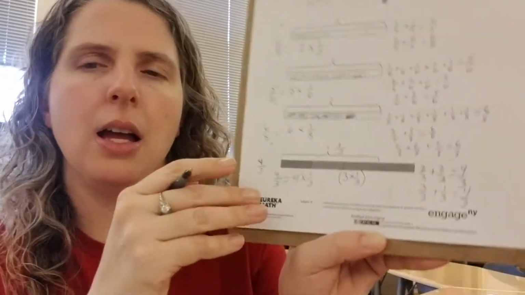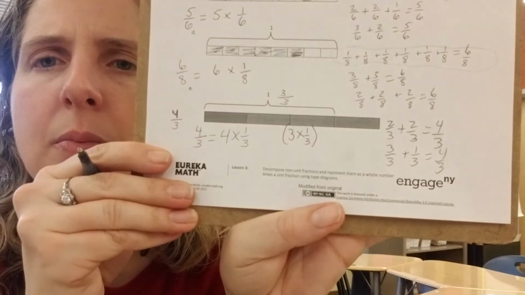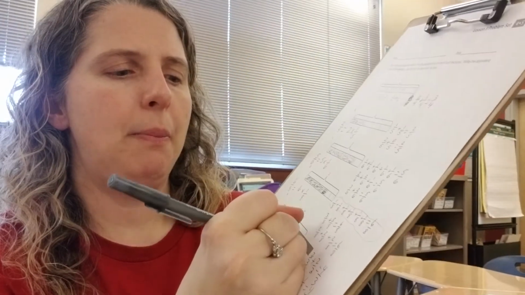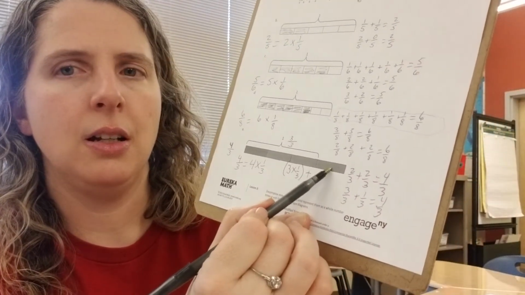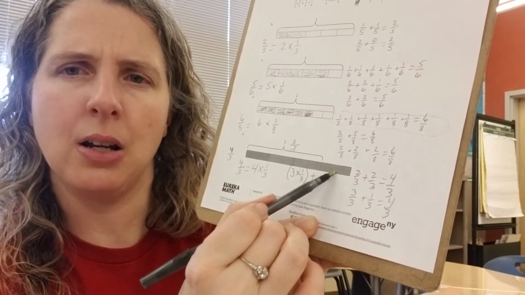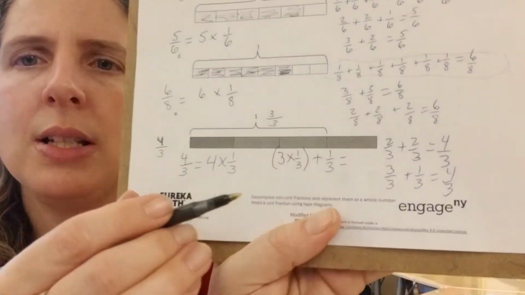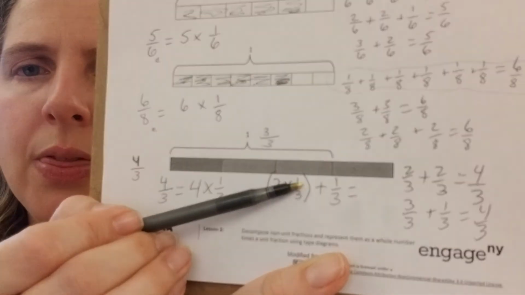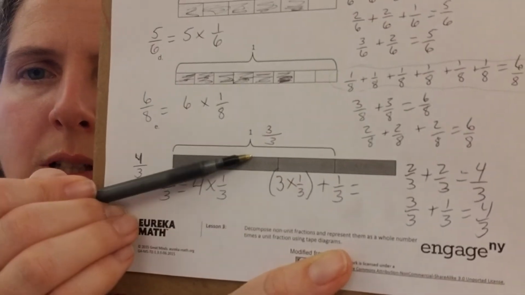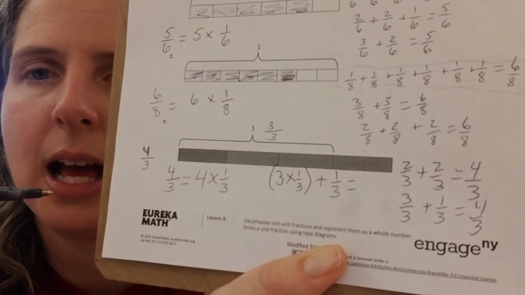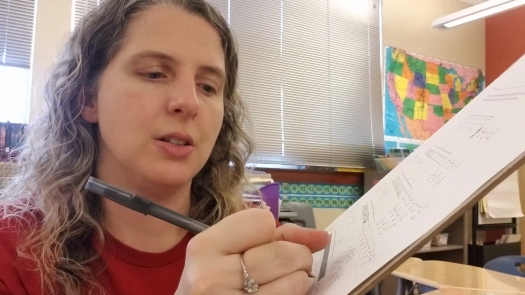I'm going to put that in parentheses because that says do this first, do that all together. Plus, what do I have left here? What's left over from my other candy bar? 1/3. And what does that equal? If I have 3 times 1/3, 1/3 plus 1/3 plus 1/3, and then I add my other 1/3, that equals 4 thirds.